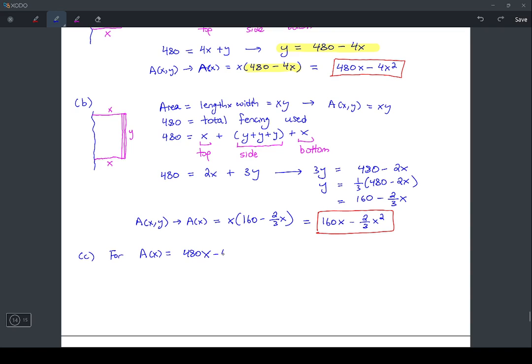We'll take the derivative, set it equal to 0, so 480 minus 8x. So 8x is equal to 480, x is equal to 480 divided by 8, which is 60.